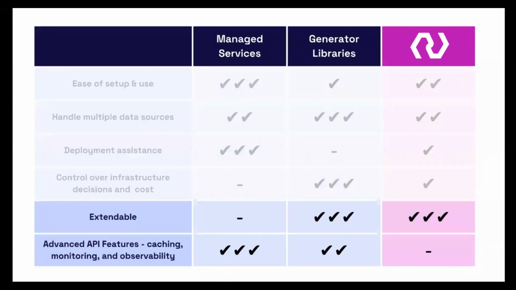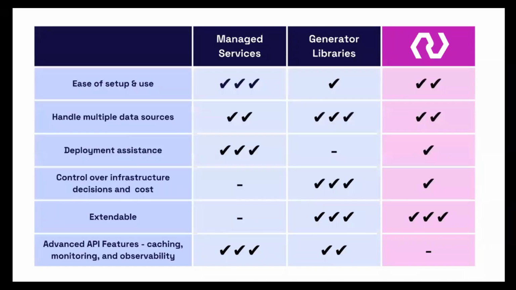However, users are free to add features as needed because the generated code lives on their local machine. Nexus offers users some of the benefits of extendability and ownership that come with an open source library, along with some of the deployment abstractions of a managed service at the cost of advanced API features.